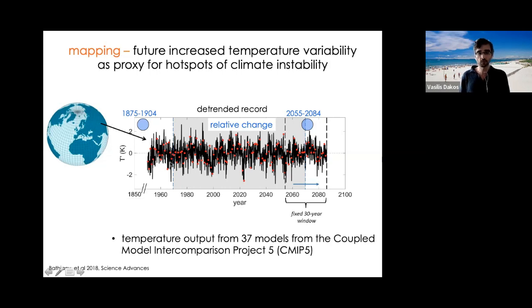So we have what was the variability in the past, early in our observations, and we want to compare if that variability will change in the future based on the output of the climate models. And we didn't only use one climate model, but we used output from 37 models. So we based our conclusions on comparing what 37 models predicted of how the temperature would look in the future.